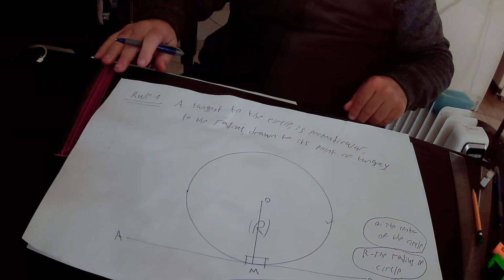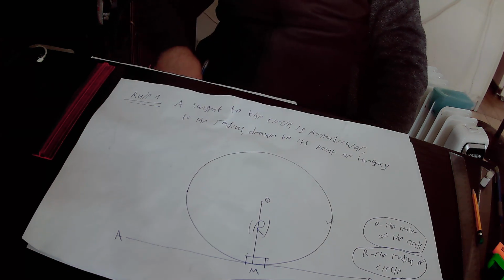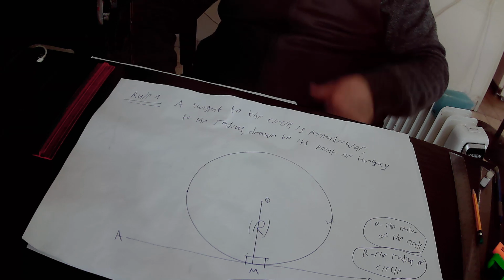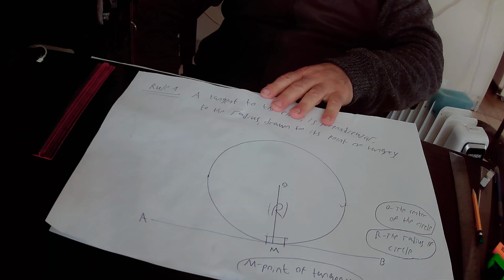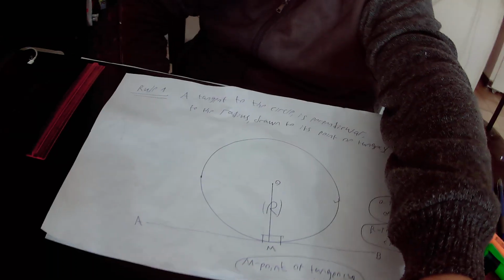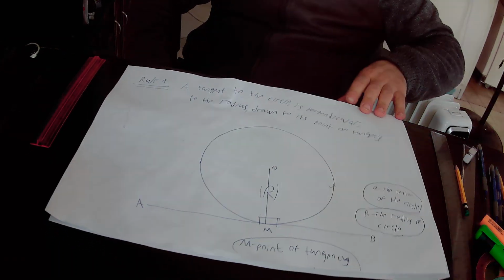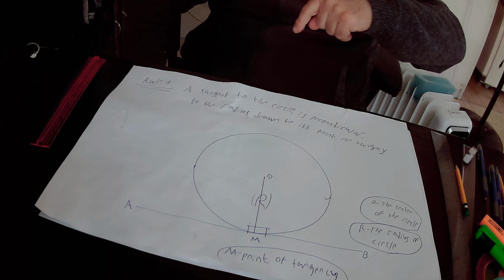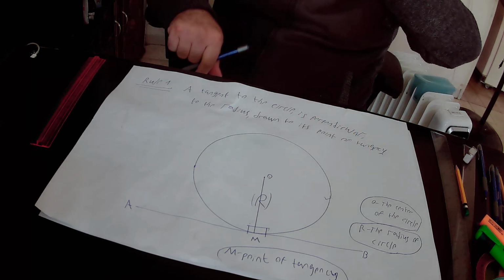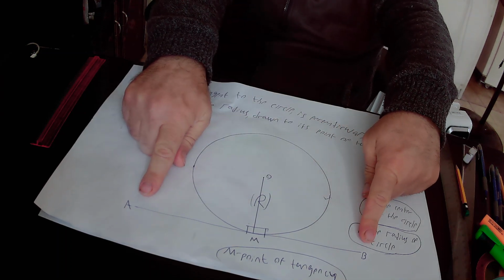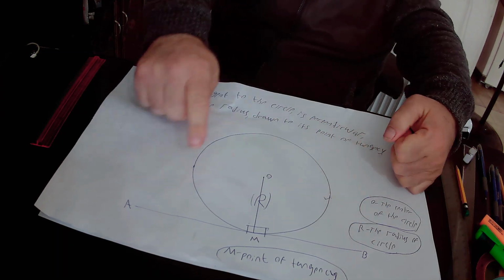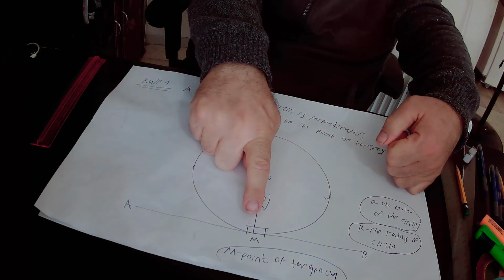According to rule 1, a tangent to the circle is perpendicular to the radius drawn to its point of tangency. So, in the drawing we have a circle, and this is tangent AB, that is tangent to this circle at point M. Point M is the point of tangency.